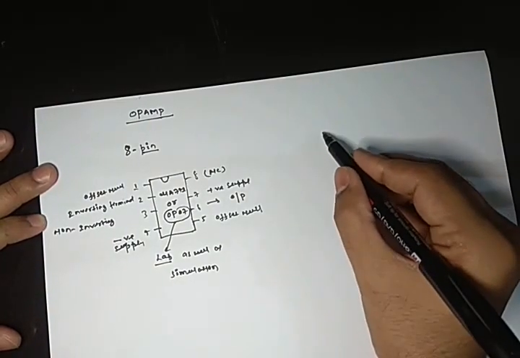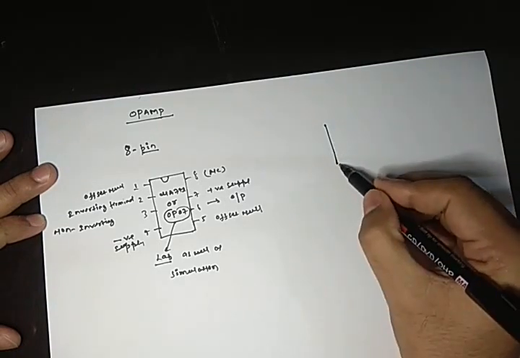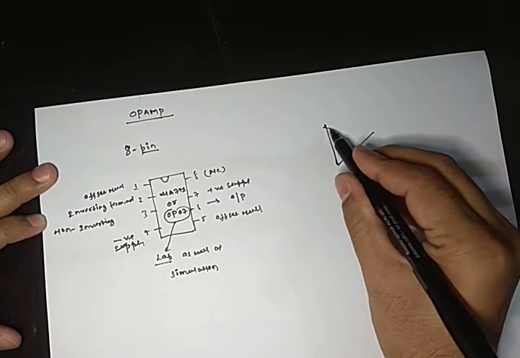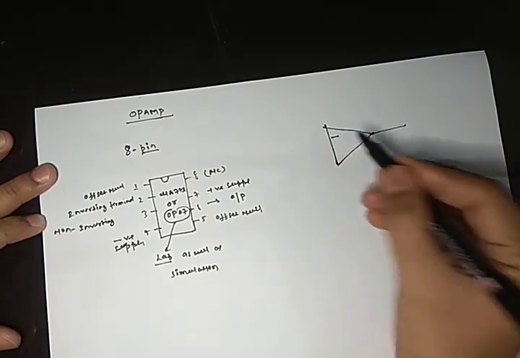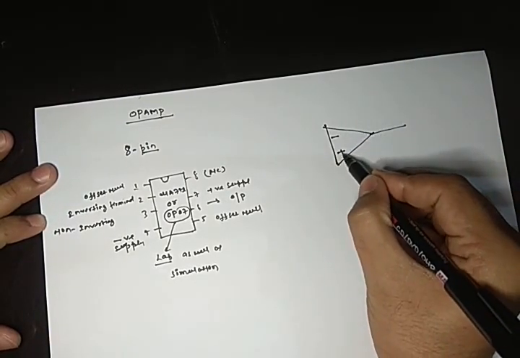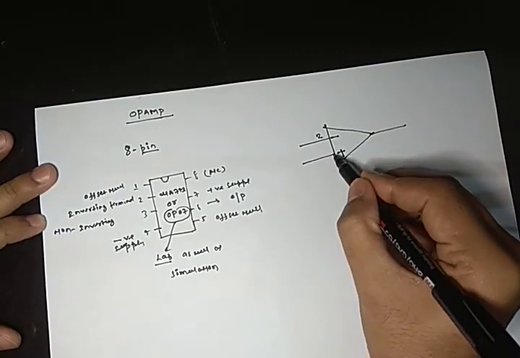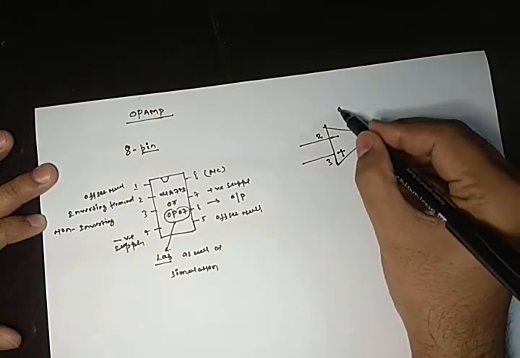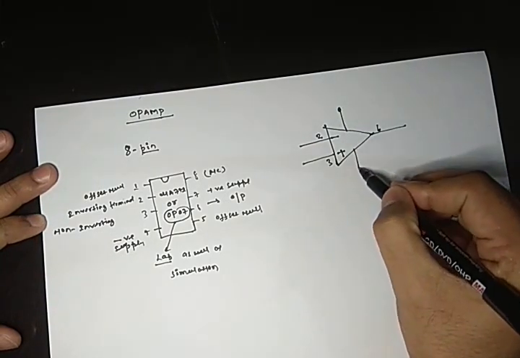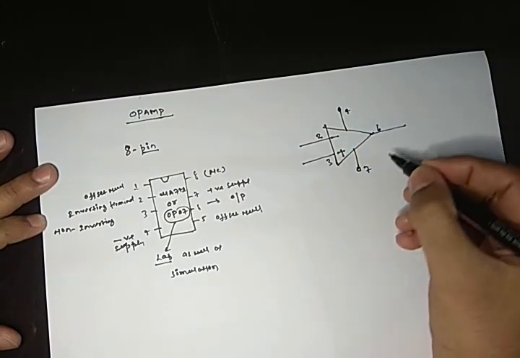The internal architecture of the Opamp is this. This is the negative terminal, this is positive, this is your pin number 2, this is your pin number 3, this is pin number 6, and this is pin number 4, this is pin number 7.